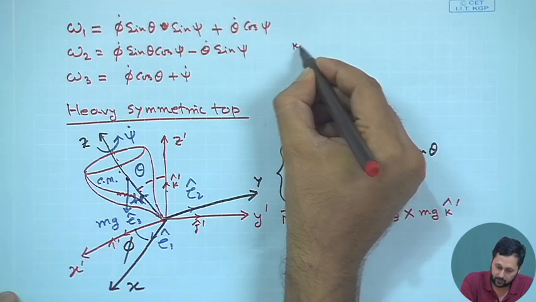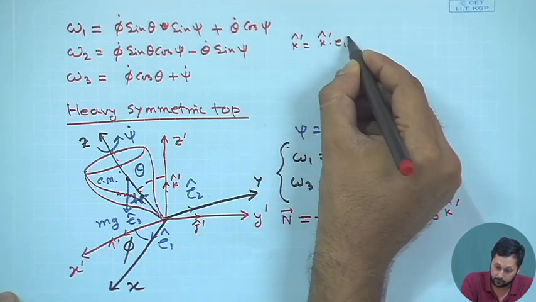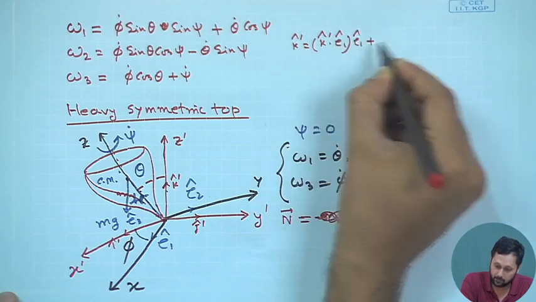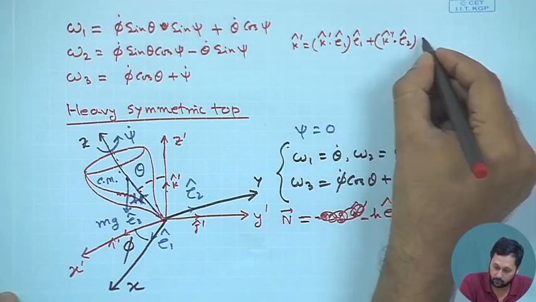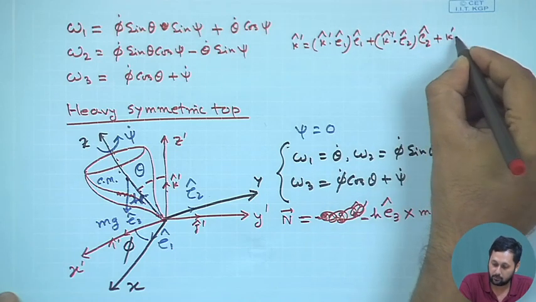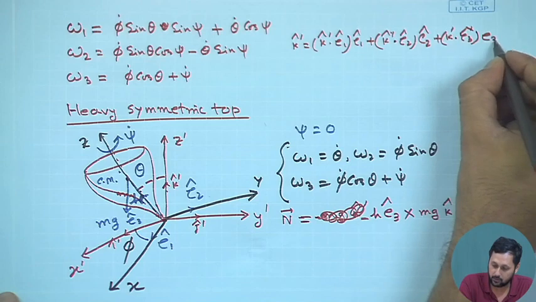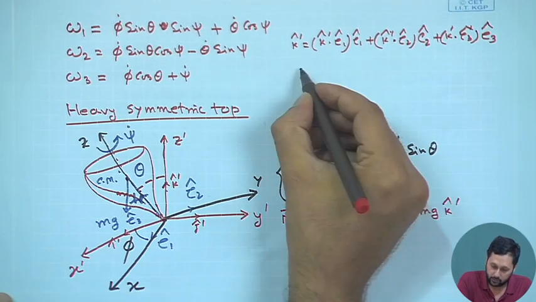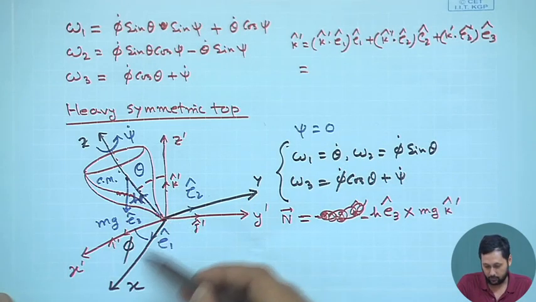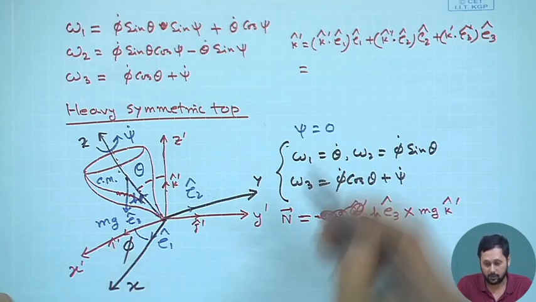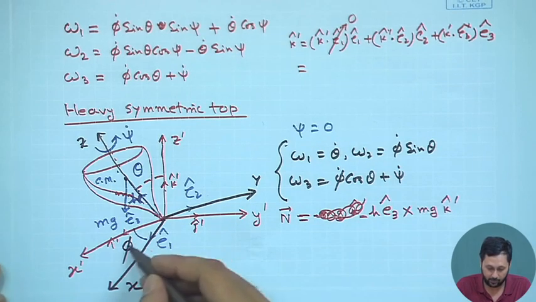So, we can write k prime to be equal to k prime dot E1 capped plus k prime dot E2 times E2 plus k prime dot E3 times E3. Okay. So, we can do that, and we see that E1 is always perpendicular to k prime, because it is in the xy plane. So, the first term is identically equal to 0, whatever may be the value of phi, okay.